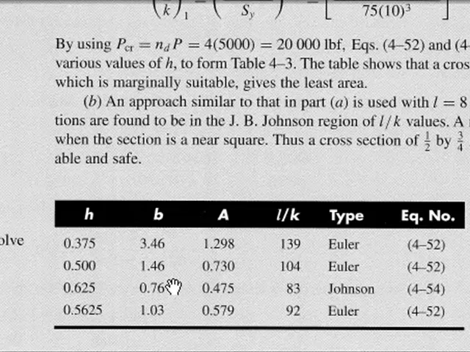We would either round up to the next standard size, but let's think about what's happening here. 0.76 is definitely safe for buckling for the 5,000 pound load. It's just not quite safe for a 20,000 pound load. Rather than going up to the next standard size, we could drop down to a 0.75. And what we would learn is that our design factor, or our factor of safety, is not quite the 4 that we thought it was.